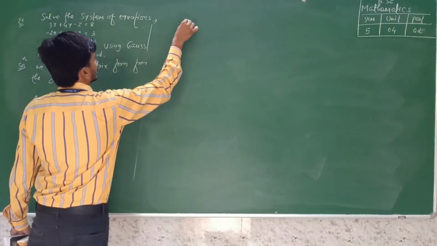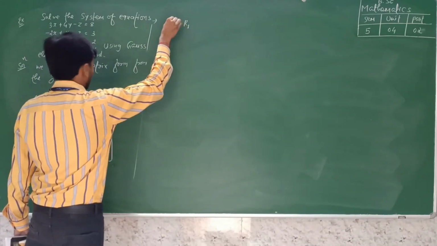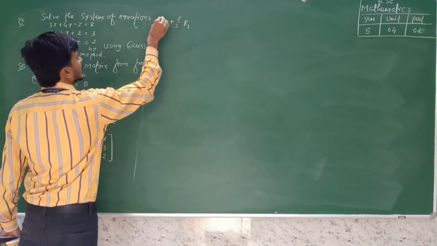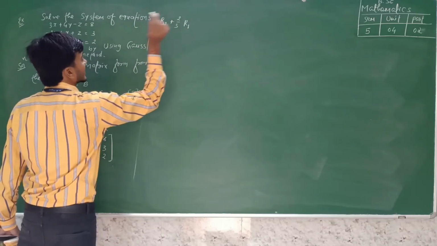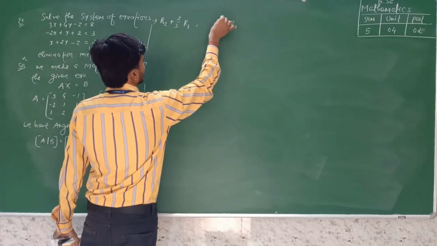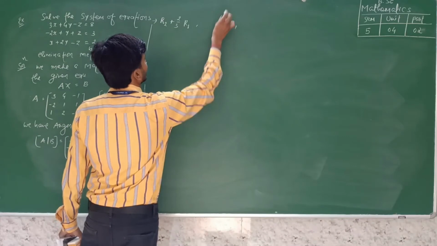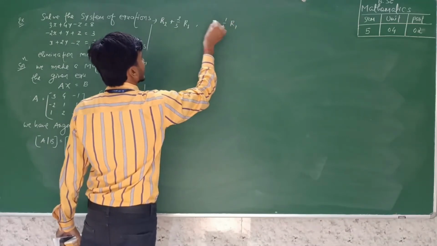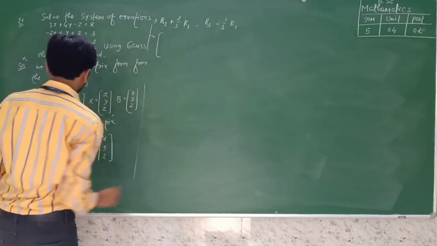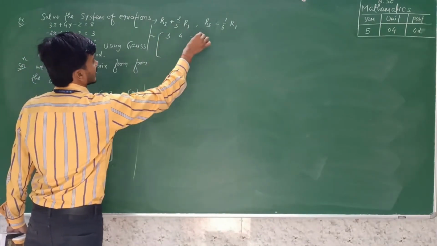First, each and every element of the first row is multiplied by 2 by 3 and added to the second row. Same as that, each and every element of the first row is multiplied by minus 1 by 3 and added into the third row. So in this augmented matrix there are no changes in the first row: 3, 4 and minus 1.